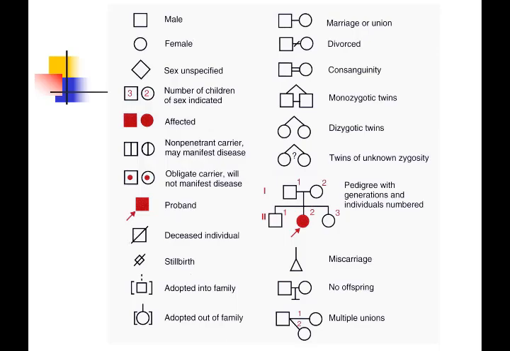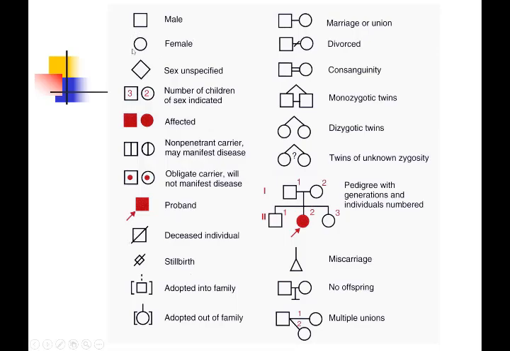So these are the symbols that you have to learn in order to draw a pedigree. From the left side, on the left top, for male, we use the square without colors.